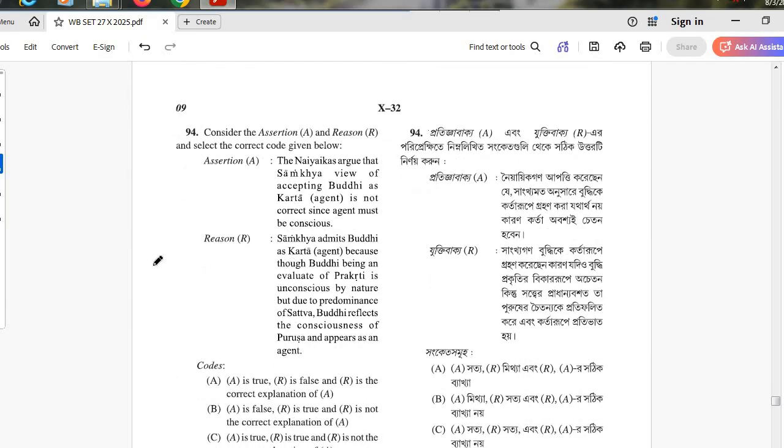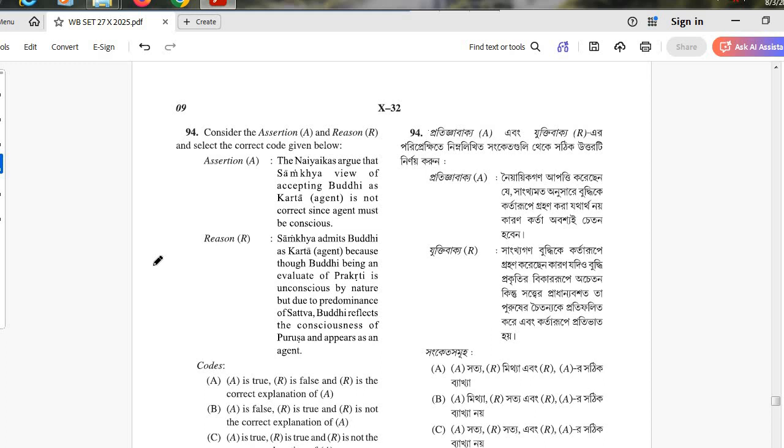Question 94: Consider the assertion A and reason R and select the correct answer given below. Assertion: the Naiyayikas say that the Sankhya view of accepting Buddhi as Karta, agent, is not correct, since an agent must be conscious.